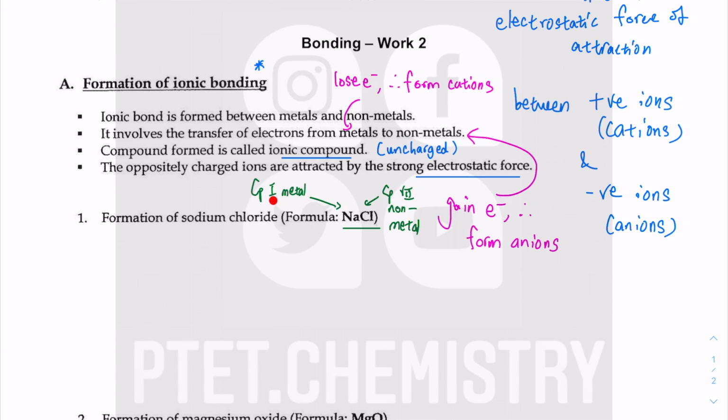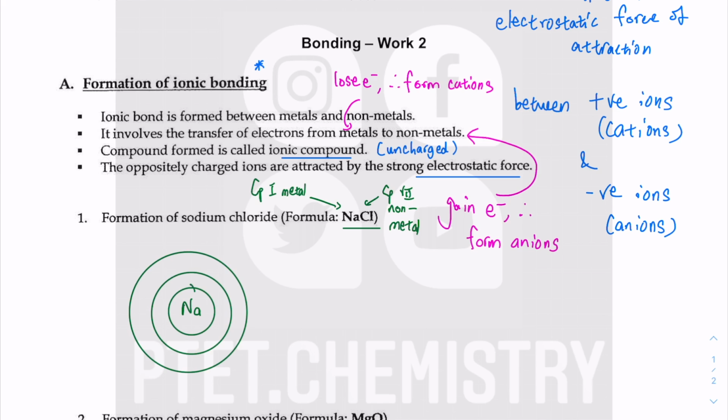If you are group 1, group number tells you how many outer shell electrons you have. Group 1 has 1 outer shell electron. When you lose the 1 valence electron, you will get a fully filled outer shell, and that is why sodium, initially you started with 2,8,1, because 2 in the first shell, 8 in the second shell, and then 1 in the third shell.